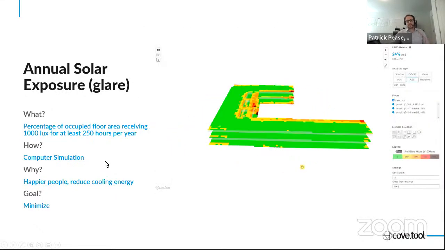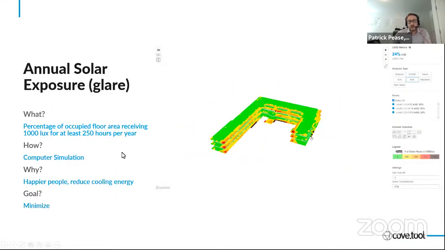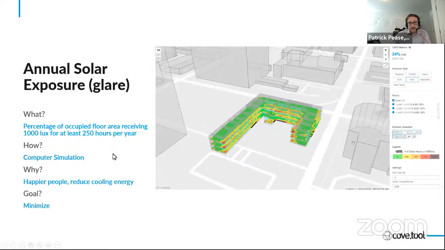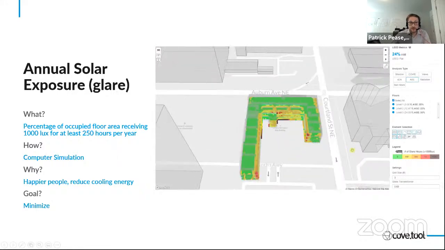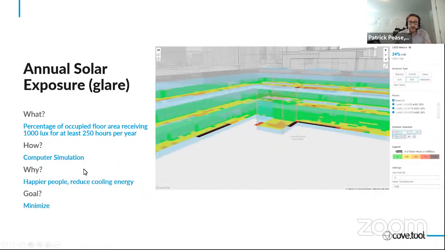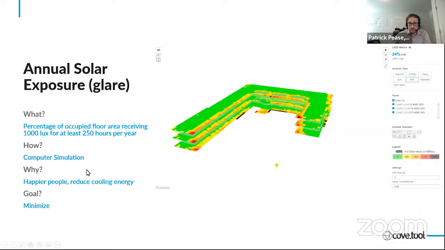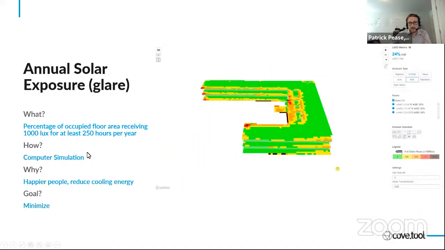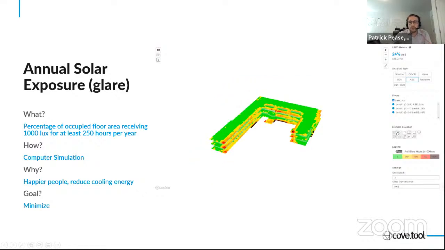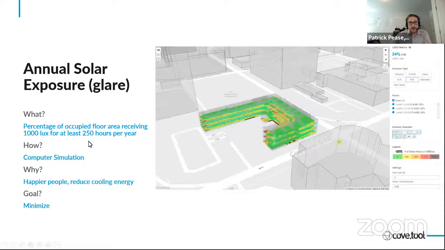Conversely, of course, we have annual solar exposure, which is really glare. So glare is when there's too much sun, there's too much brightness, and it actually hurts our eyes. So this is if it's over 1,000 lux for at least 250 hours per year. And just also conversely, we want to minimize this because glare will make people uncomfortable, make people not want to be in that space.